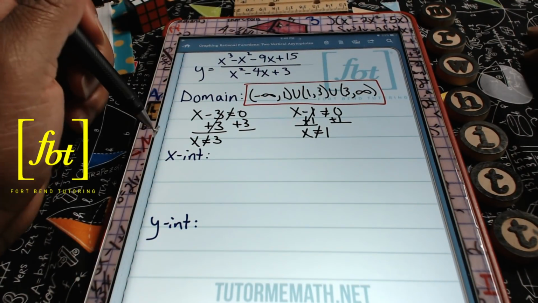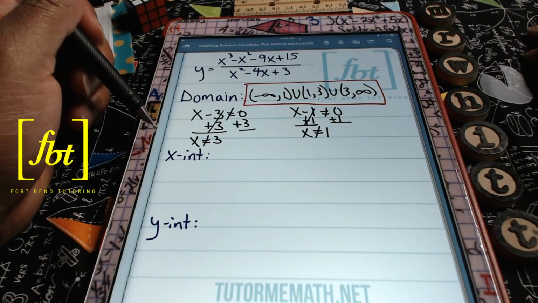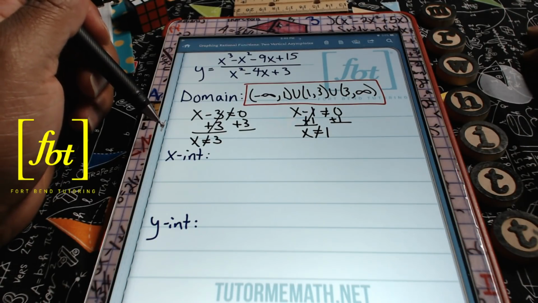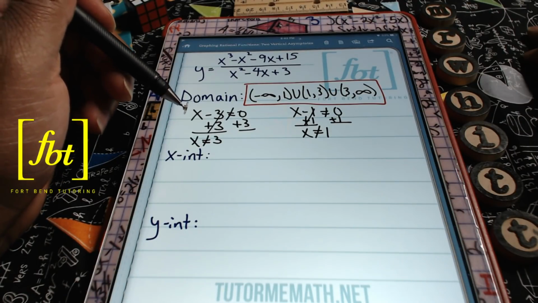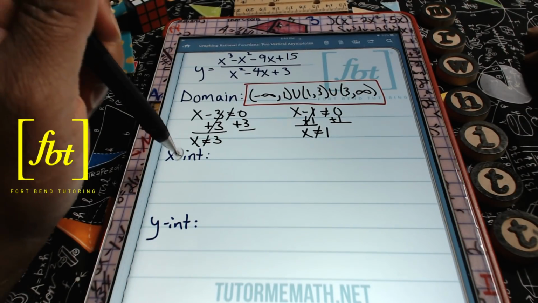Red boxing it. For this particular problem, because you don't have any rational zeros, and also because our numerator is not factorable, we're going to go ahead and use our TI-Nspire CX CAS to identify the x-intercept.